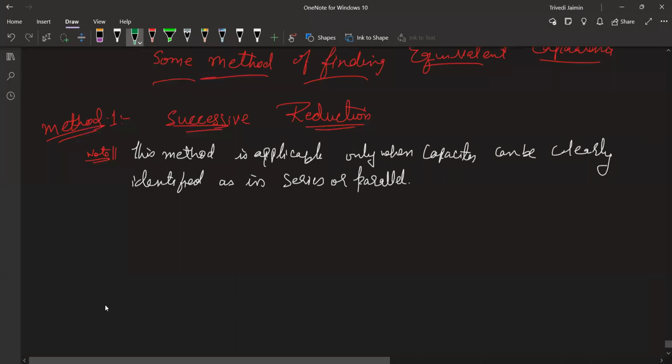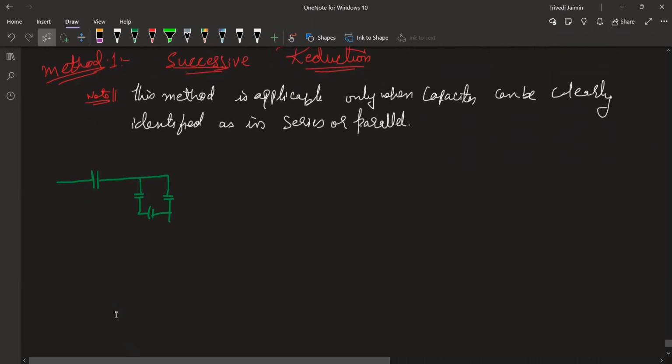I'll draw an example diagram. See, this is how we are solving normally.